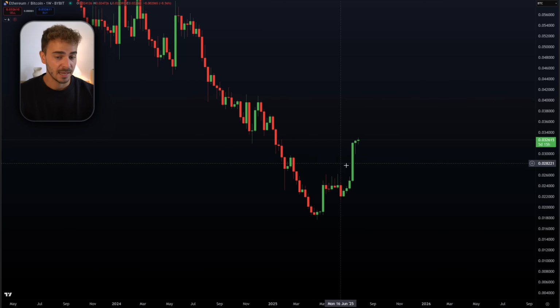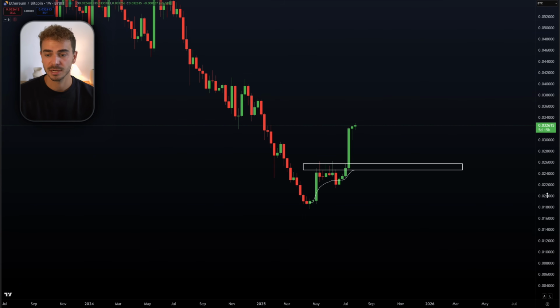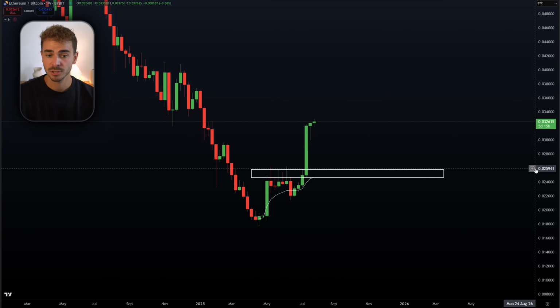Okay. I can, however, keep this in mind and prepare myself for if we see a pullback on Ethereum, that we might have additional confluence looking at this chart right here. So one area I'm interested in for a pullback on this ETH against BTC chart is this area right here. Okay, so I'm actually going to place an alert for this and see what happens if we retrace into that level.